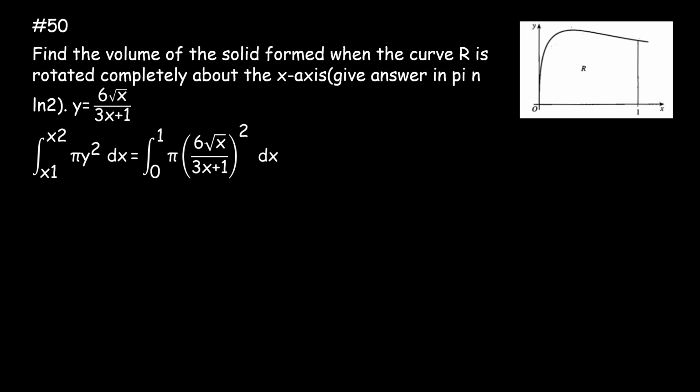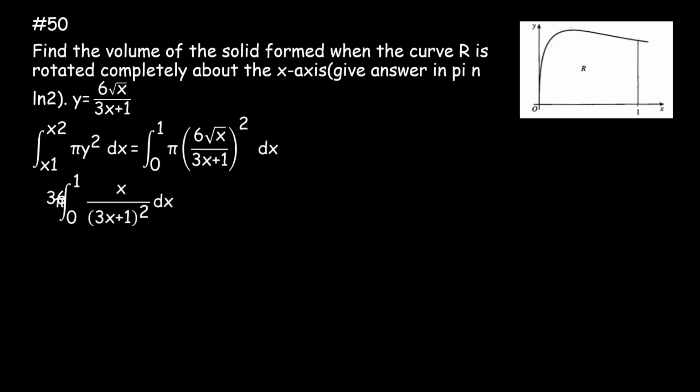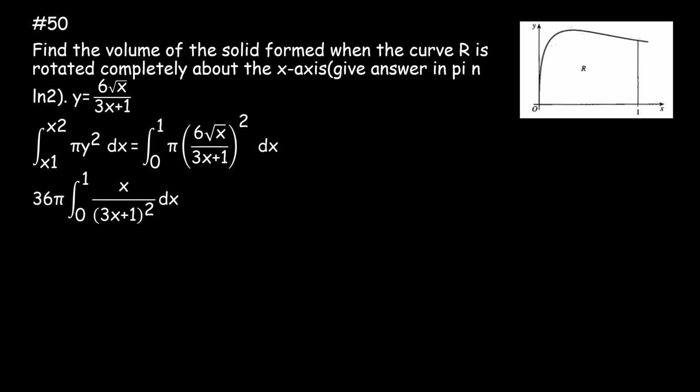The square will cancel out the root, and we'll get 36x over (3x plus 1) all squared. Taking out the constants, we have the integral of x over (3x plus 1) all squared.